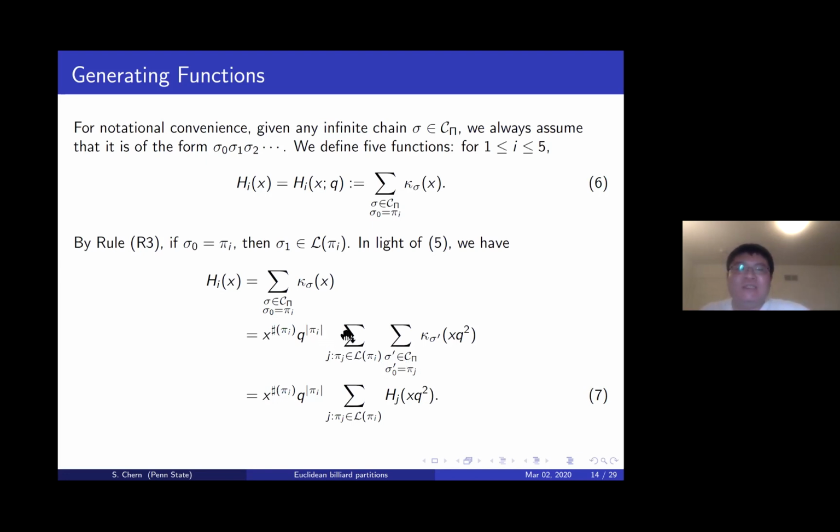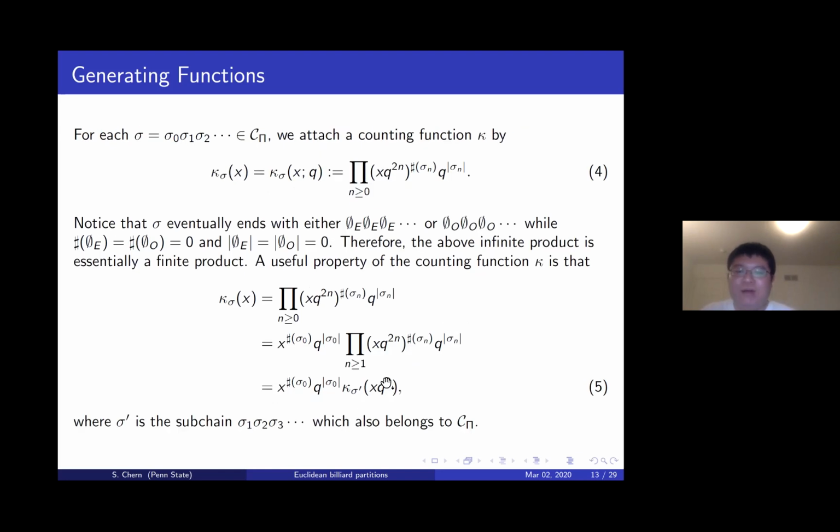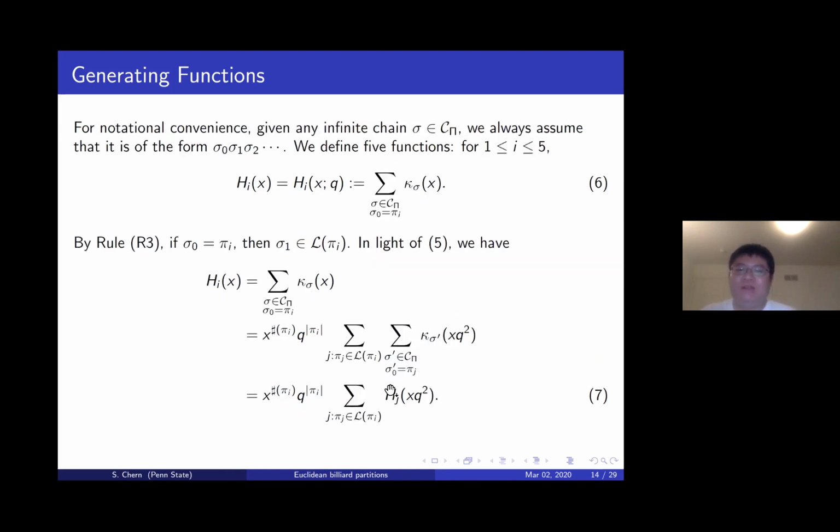And then since the pi j's are in the linking set of pi i, we just count all the indices j, and then we have this part which comes from this formula. So this means that we actually have a relation between h i and all h j such that pi j is in the linking set of pi i.